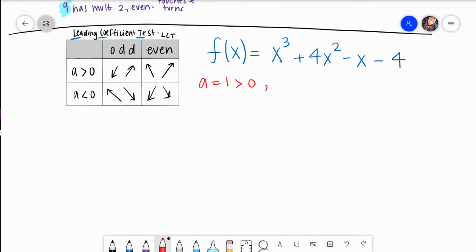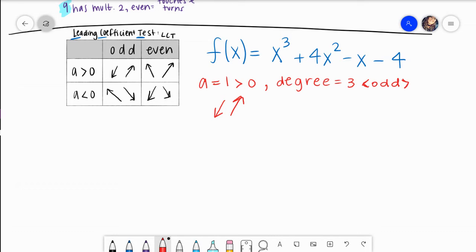I can also tell that my degree equals 3, which is an odd number. So right now I am looking at row 1, column 1, which is greater than 0 and odd. So this tells me it's going to fall to the left and rise to the right.